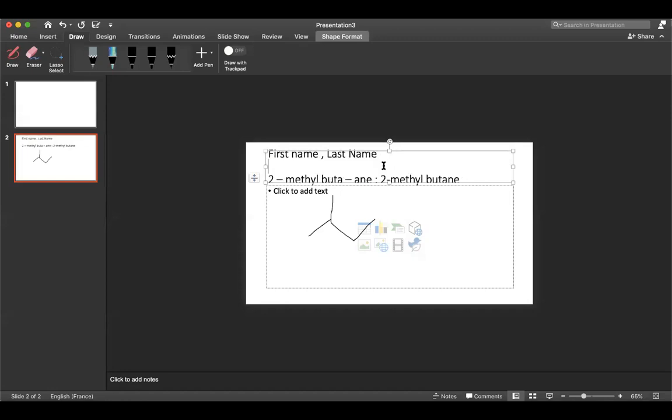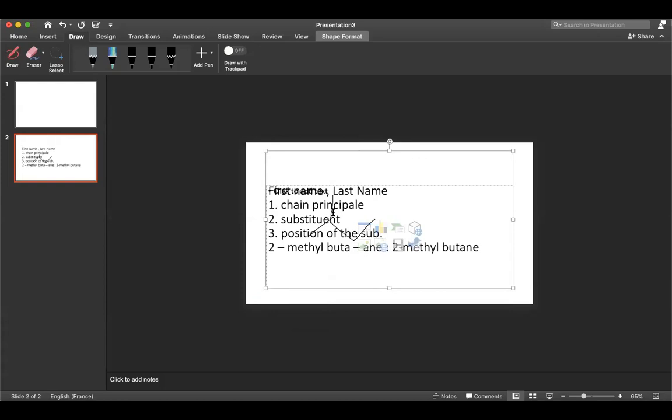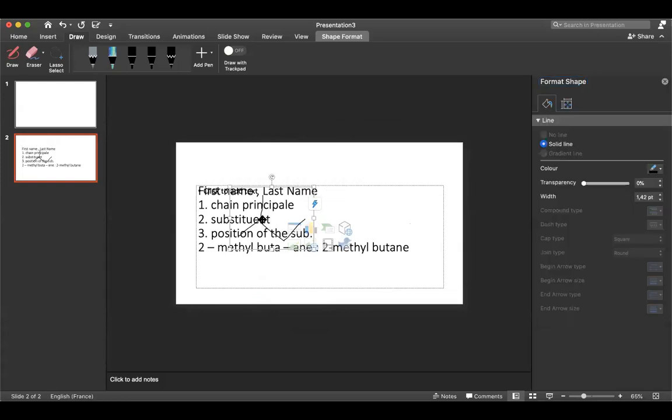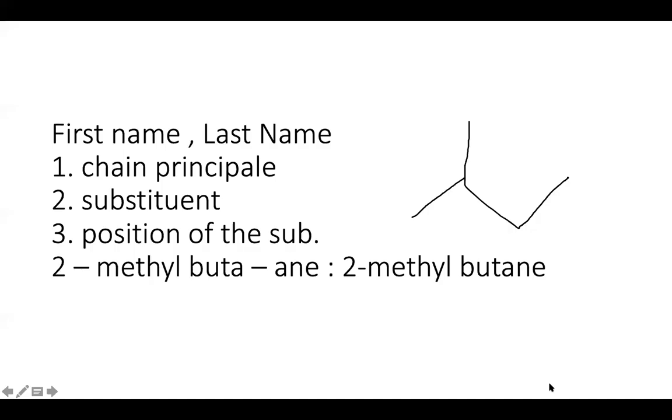So we are saying chain. Okay, so these are the rules.